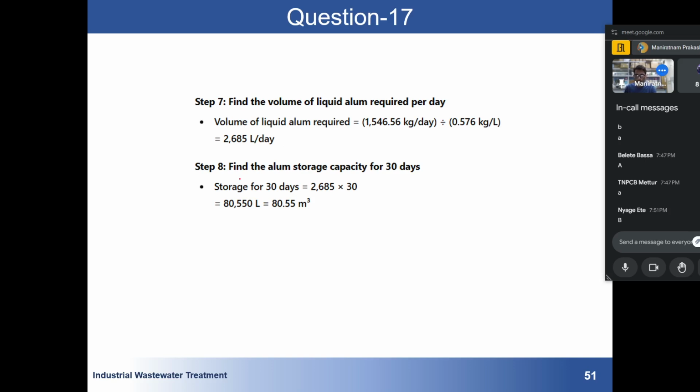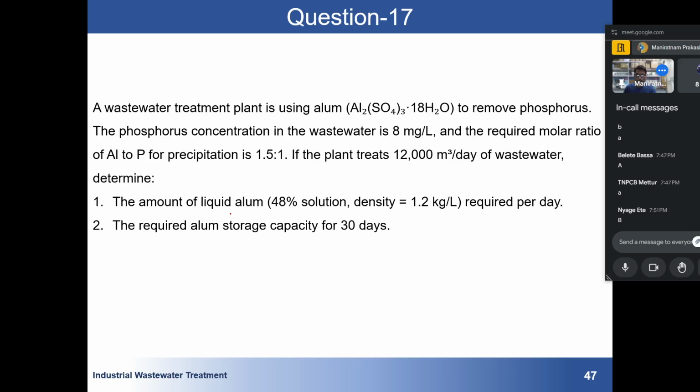So the alum storage capacity for 30 days will be this much into 30, that is 80500 liter.